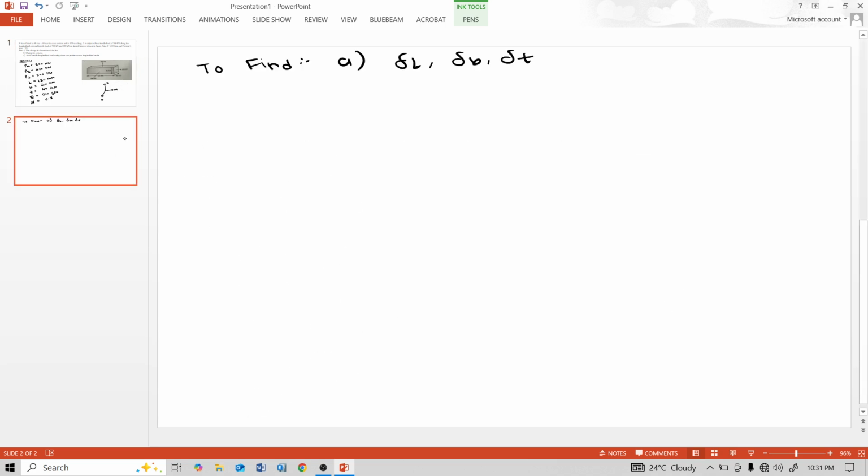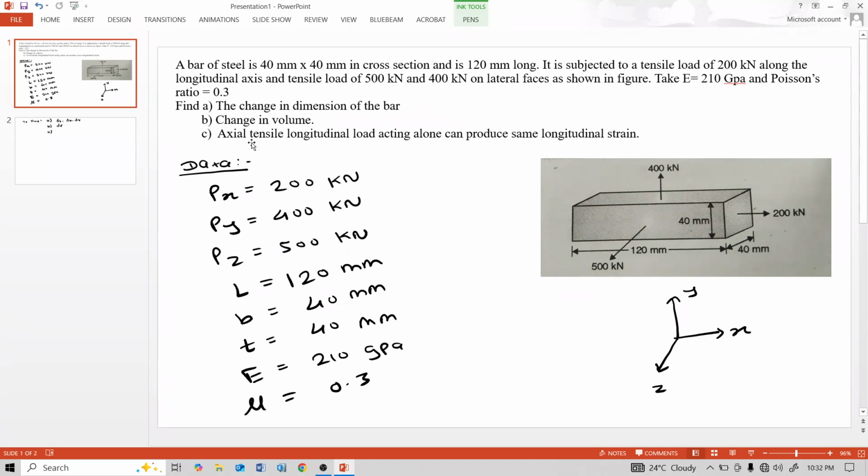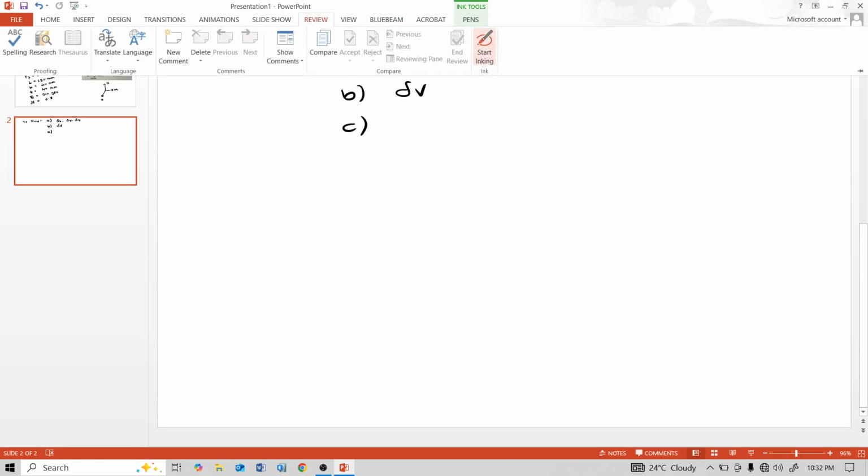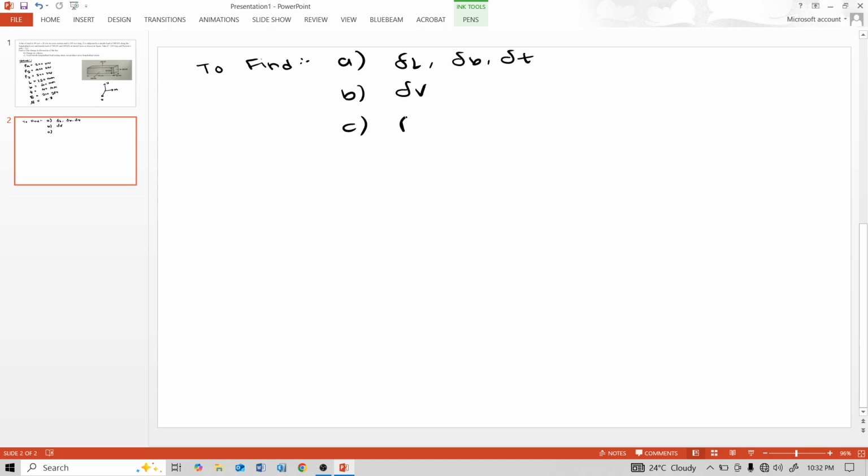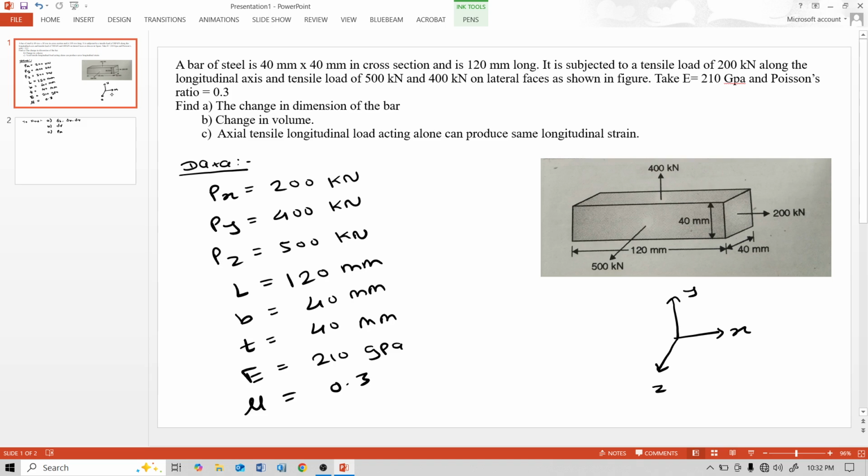B. Change in volume. And C. Axial tensile load acting alone that can produce the same longitudinal strain, load Px. Now, solution.